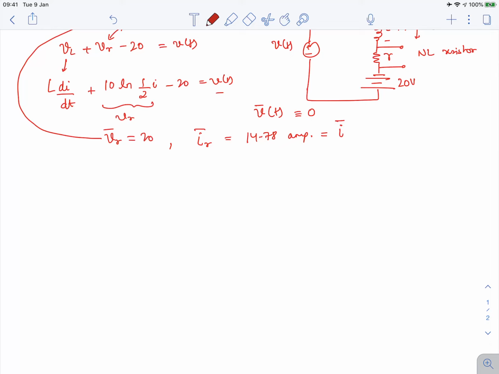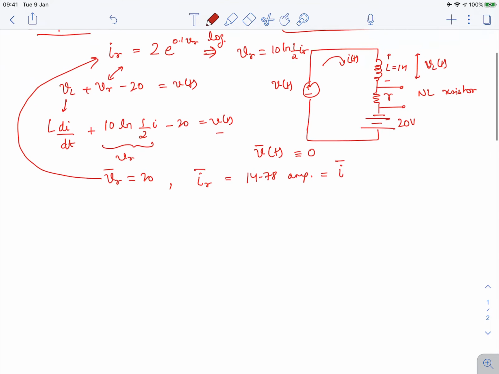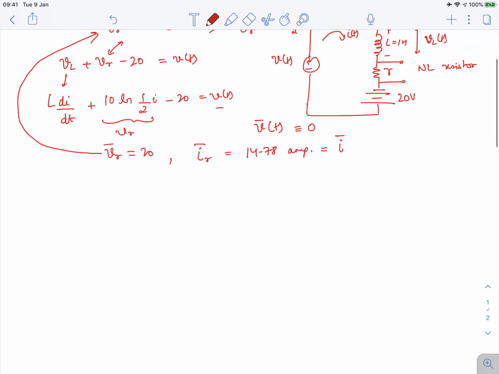Now we have obtained the equilibrium point, which is I bar, and the other signal is V bar. So I bar and V bar are our operating points.